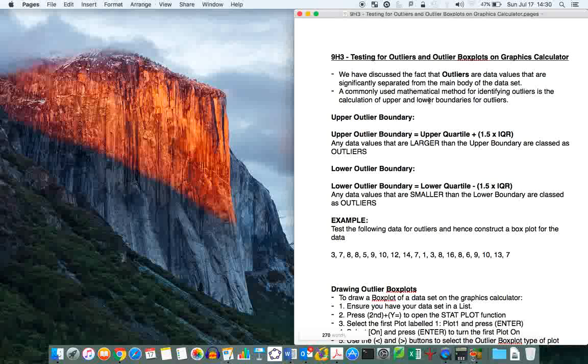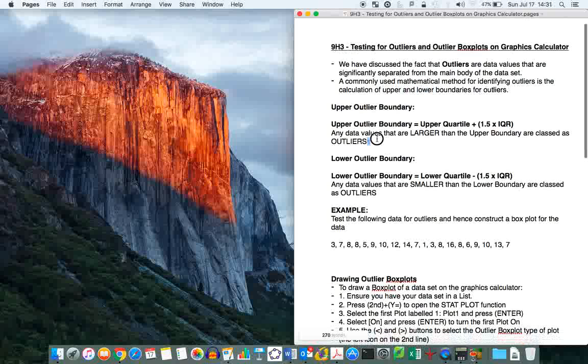There is a commonly used mathematical method for finding outliers, and that involves finding the upper and lower boundaries. Anything outside of these will be classed as outliers. Your upper boundary using this method is going to be the upper quartile, Q3, and then add onto that 1.5 times whatever the interquartile range of the data is.